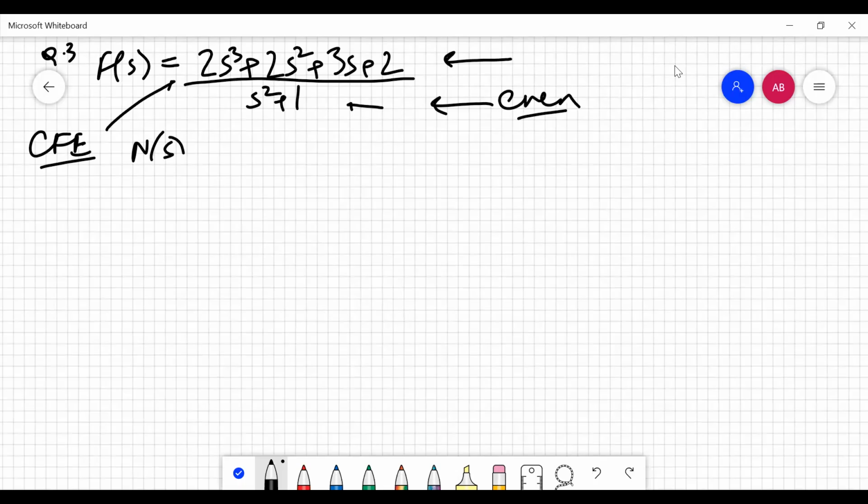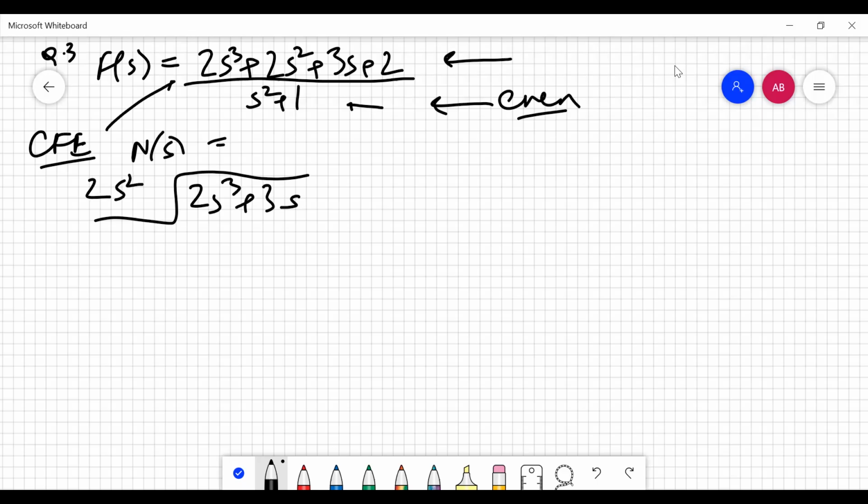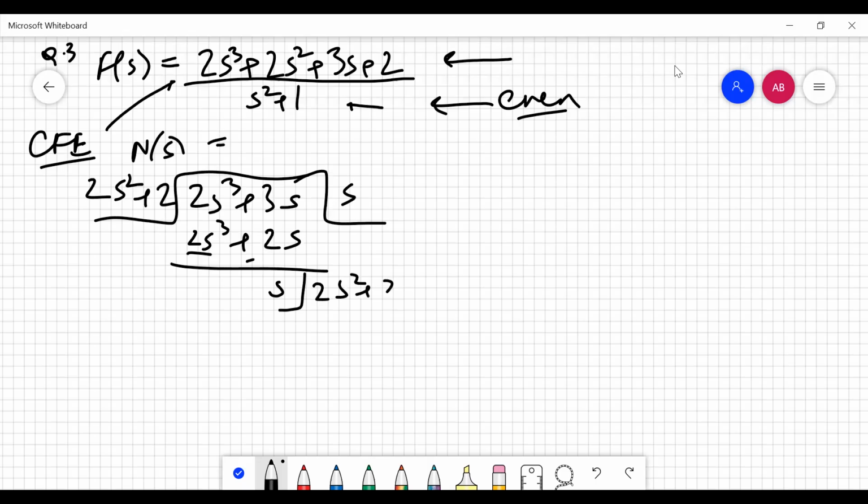So separating your even and odd terms here and starting with the CFE, you are going to get 2s cube plus 3s divided by 2s square plus 2. The very first term you are going to get is s. That is going to generate 2s cube plus 2s, which gives you s as the remainder, and then the inversion will come here.